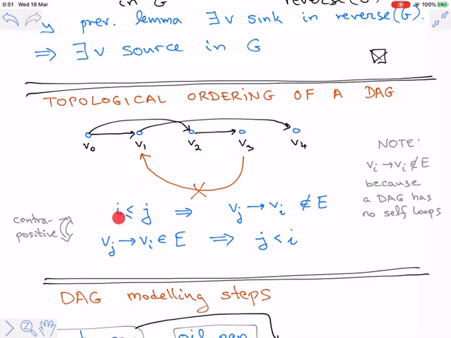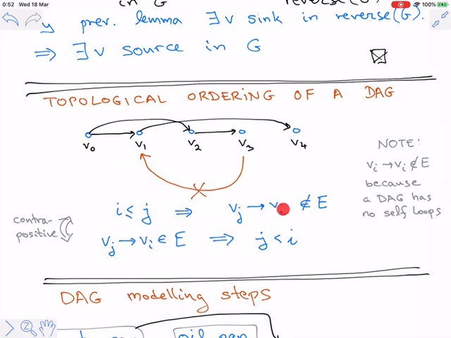This means that if i is less than or equal to j, then there's no edge from Vj to Vi. Now notice that the special case i equals j is actually covered by the fact that we're dealing with a DAG. So we never have an edge from Vi to itself. We do not have self loops. But if i is strictly less than j, we do not allow an edge to go from Vj to Vi.